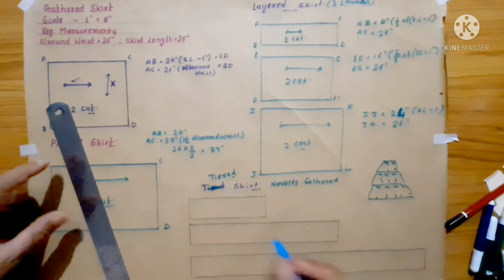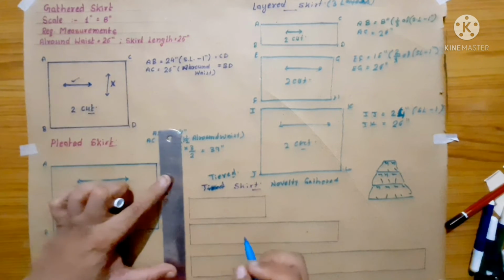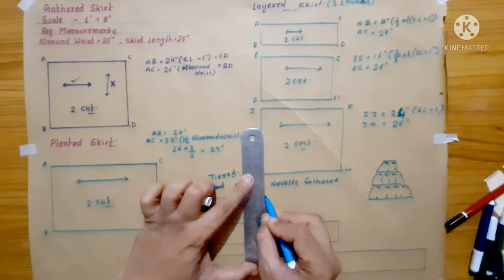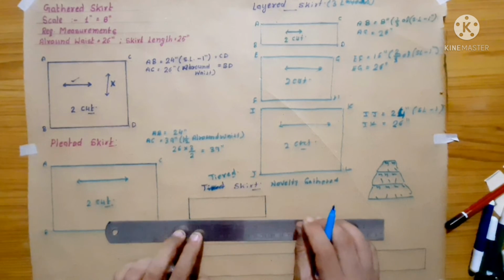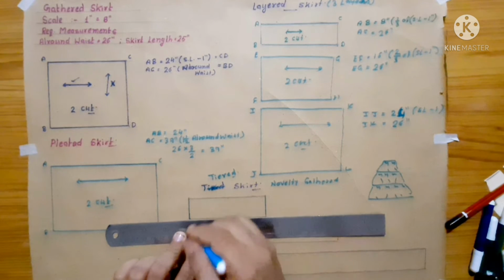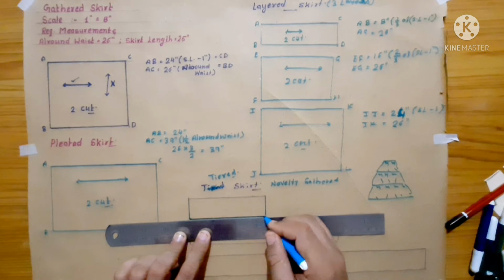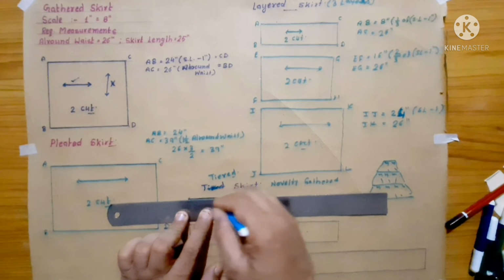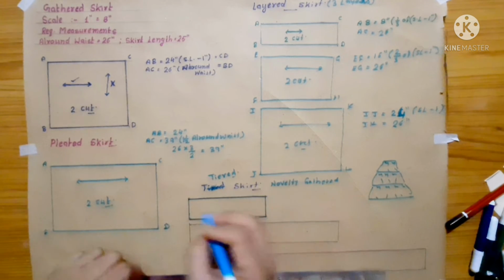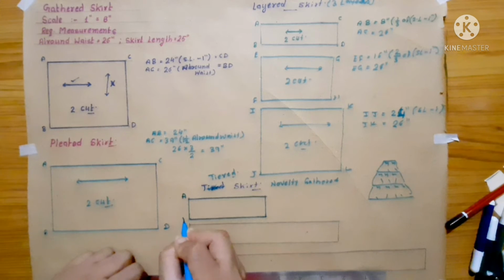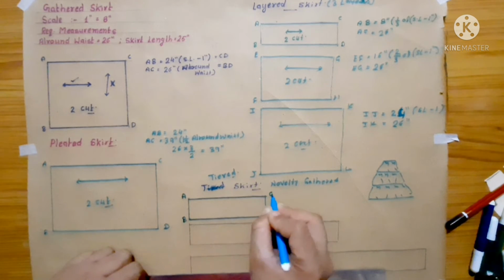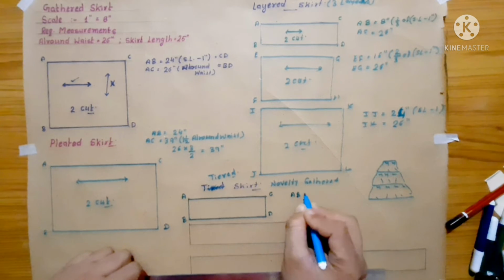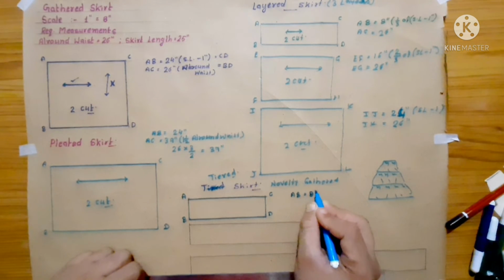Right? So first we will make the first tier, which is named ABCD. A, B, C, D. Here AB is equal to 8 inches.